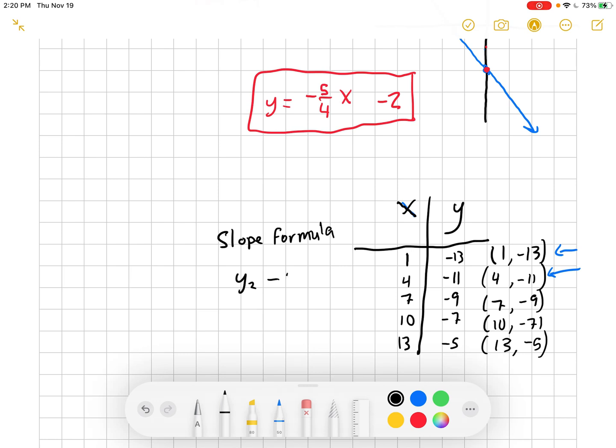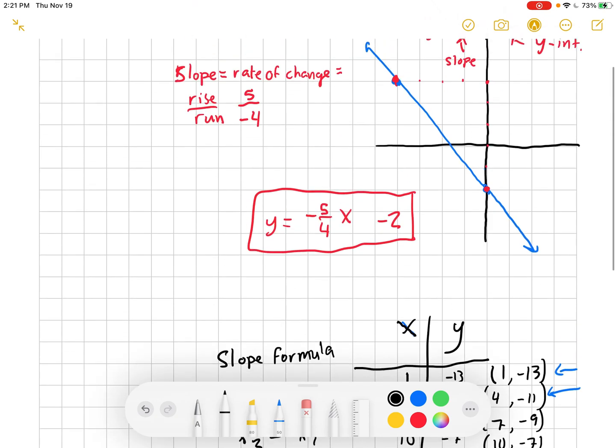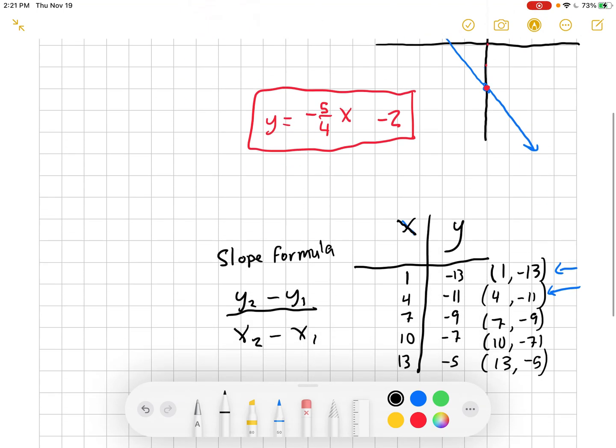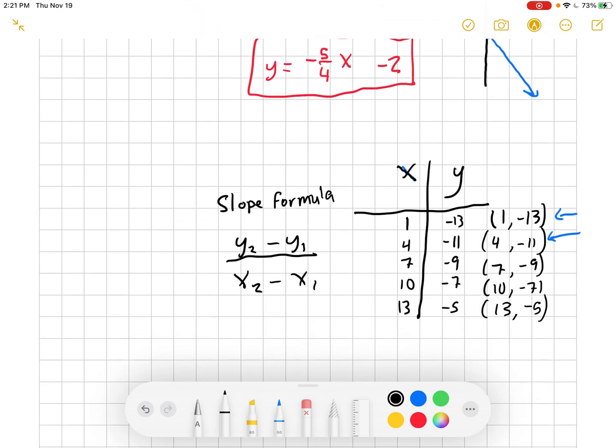Which is y2 minus y1 over x2 minus x1. That should look familiar too, because that's just the same thing as what we did up here. We figured out the change in the y direction, and then we figured out the change in the x direction. We're doing the exact same thing here.